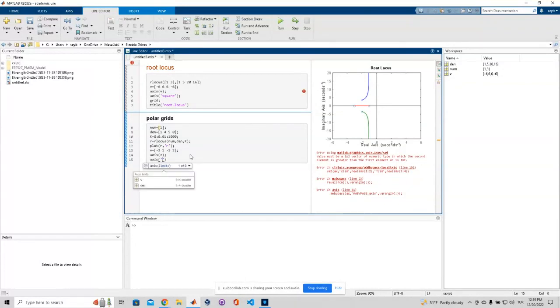Axis will be in square shape. And now here with the S-grid, you're gonna put our polar grids on the root locus function.